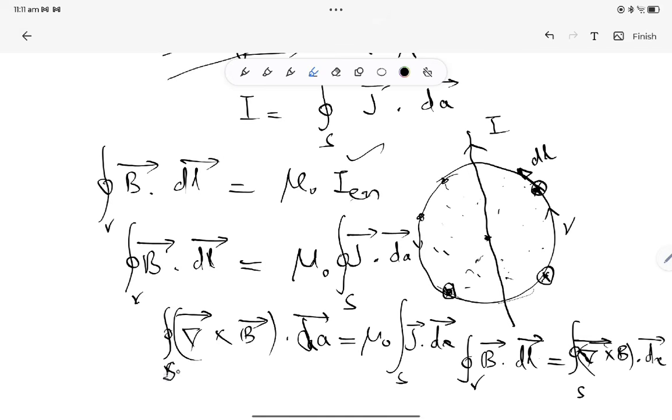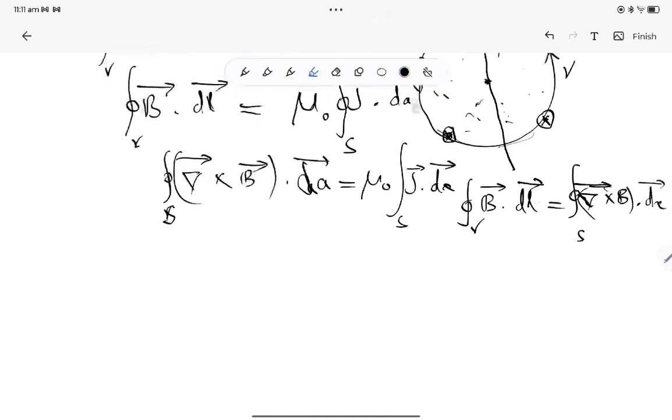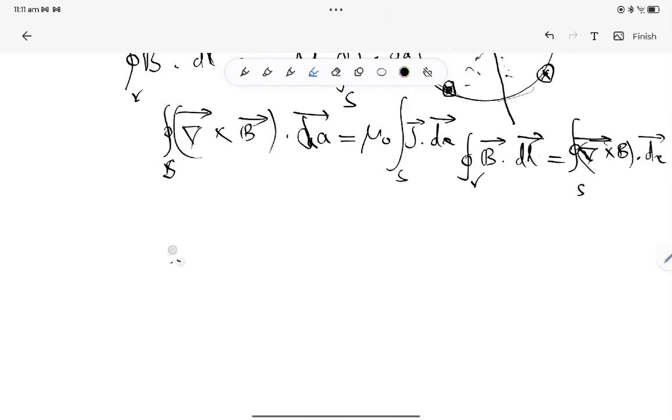This is now a surface integral, and we can cancel out this, and we get del cross B is equal to mu naught J. This is Ampere's law in differential form.